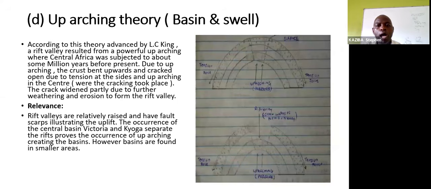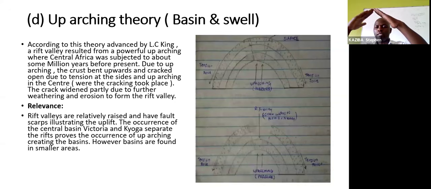Then you go to the up-arching theory. This was advanced by L.C. King, and he says that the Rift Valley resulted from a powerful up-arching. Land up-arched. It folded upwards like this. And this happened in Central Africa.